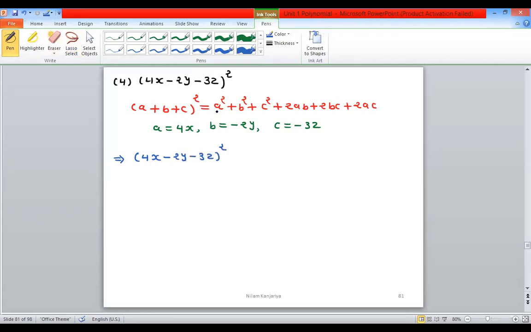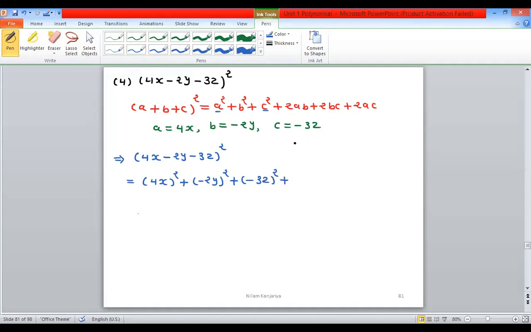First a square, what is a? 4x square. Middle sign is plus. Second b square. What is b? Minus 2y. Put the minus 2y square. Again c square, c square is minus 3z square.